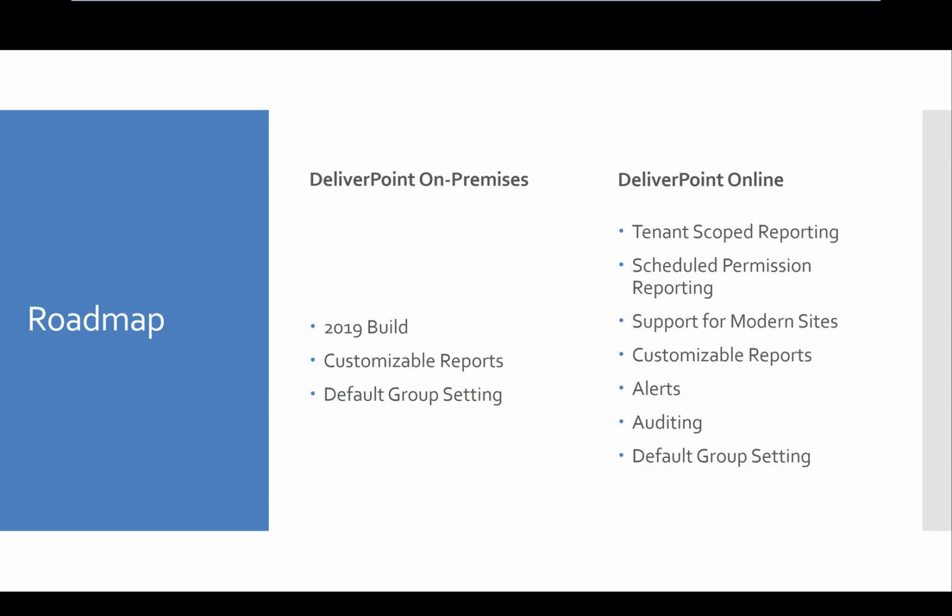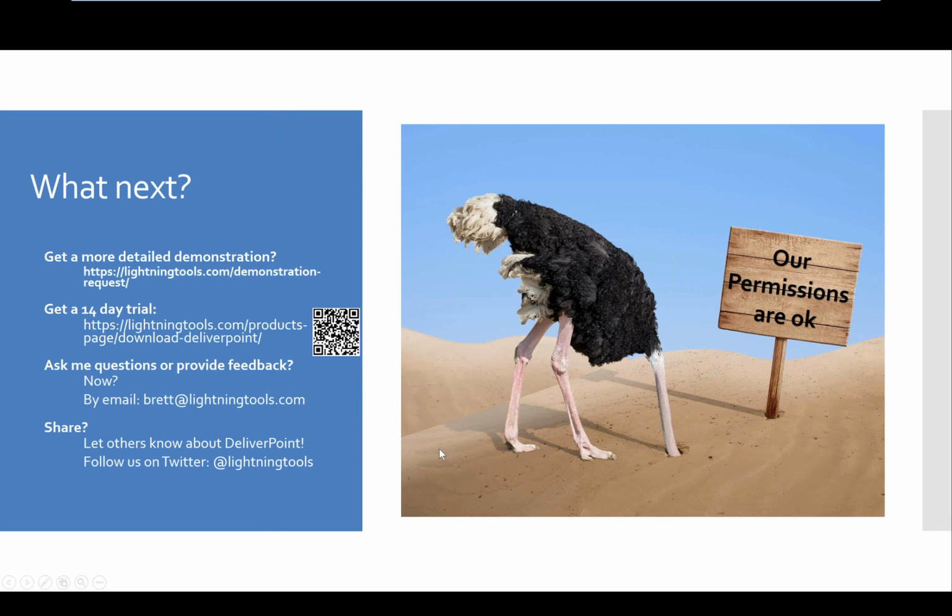There'll be customizable reports, so you can tweak them, and we'll also have the alerts, auditing, and a default group setting, appearing in both versions, the on-prem and the online. So that's the roadmap for the rest of the year.